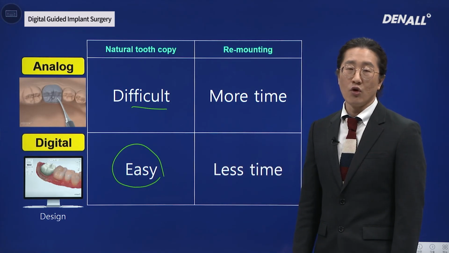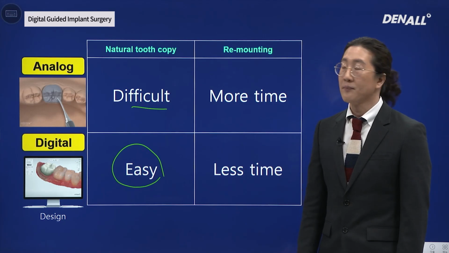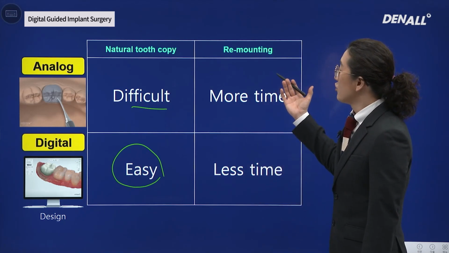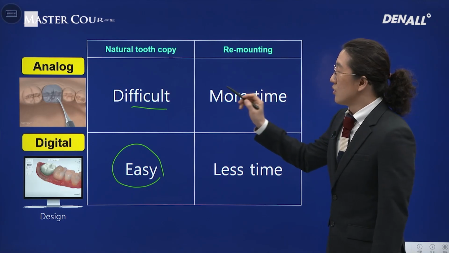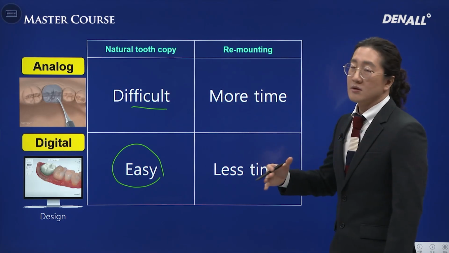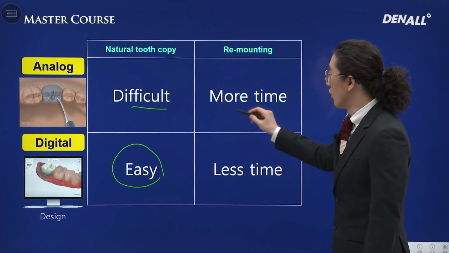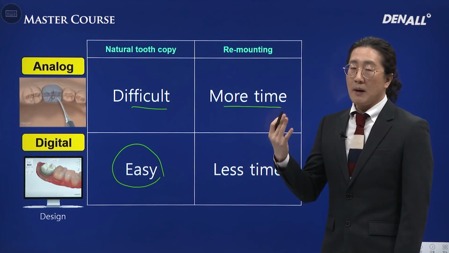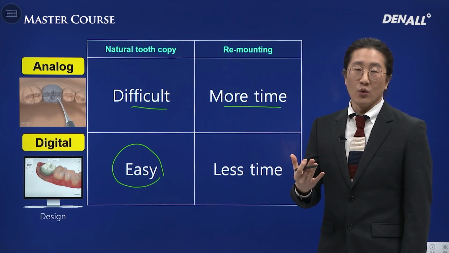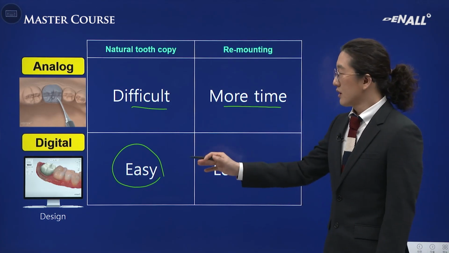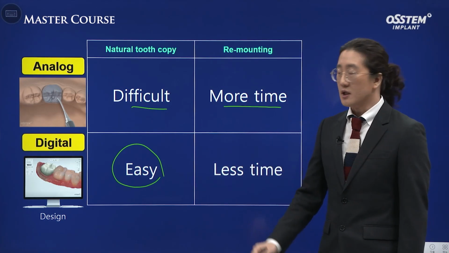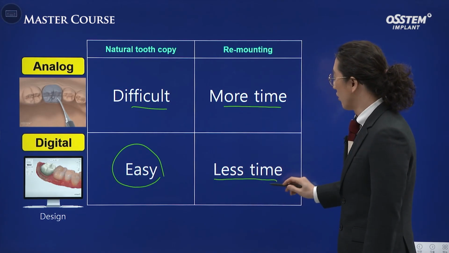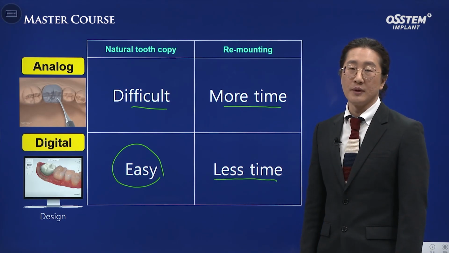Therefore, in terms of copying the natural tooth, it's more convenient. In the case where remounting is required, in the conventional method, the remounting process takes up more time than thought. But in the case of digital dentistry, you can just insert the changed bite data and alter the design on the computer program, so the remounting process is simpler.